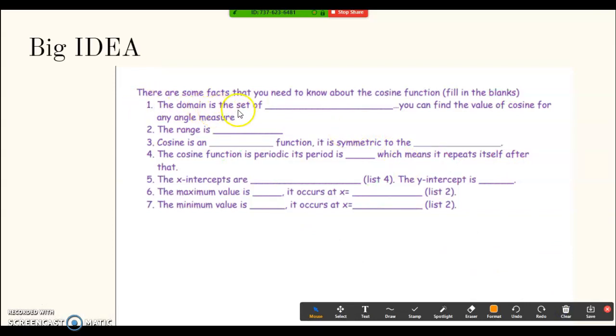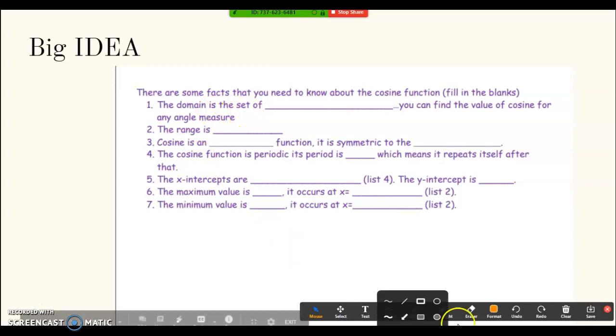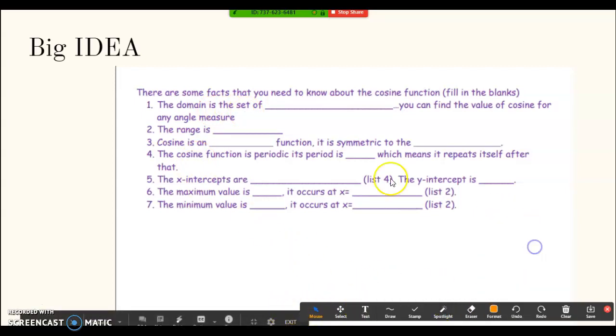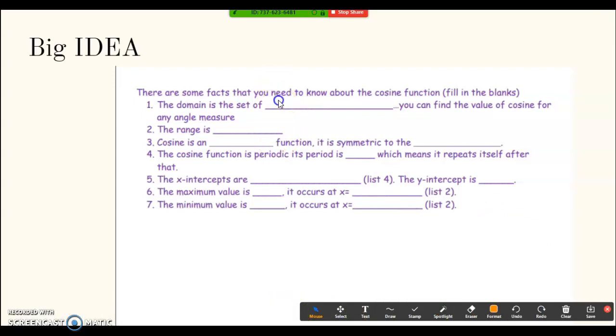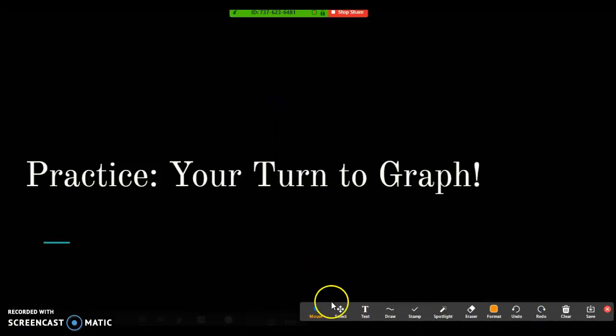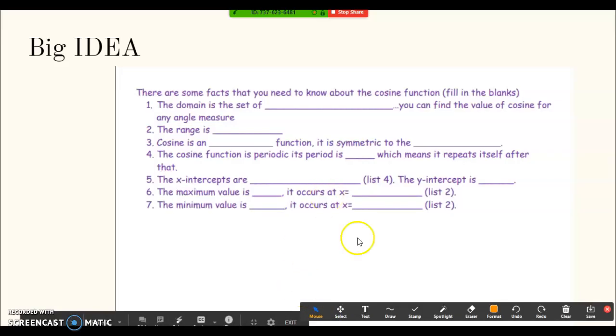So some of our key features of cosine. The domain is the set of all x's, right? So it's where this graph hits the x-axis, and we know it covers everything, right? So I'm writing all reals.